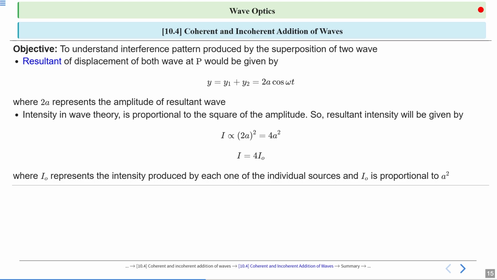So that's why the intensity of the resultant wave is proportional to 4A square. While taking the ratio, I proportional to 4A square and I naught proportional to A square, the ratio will be I upon I naught equal to 4. So I will be equal to 4 I naught. So the intensity of the resultant wave will be equal to 4 times the intensity of the individual sources or waves.